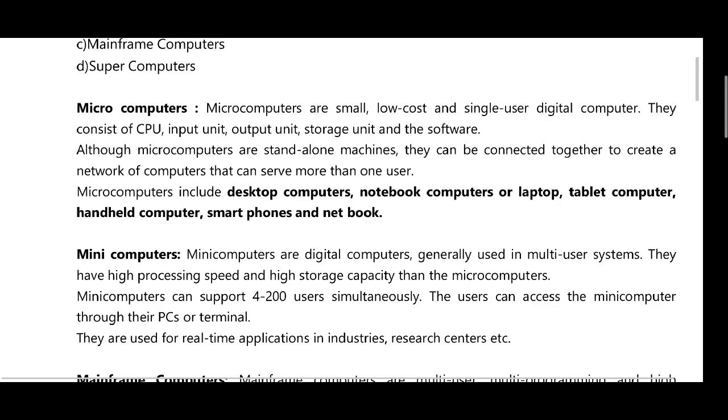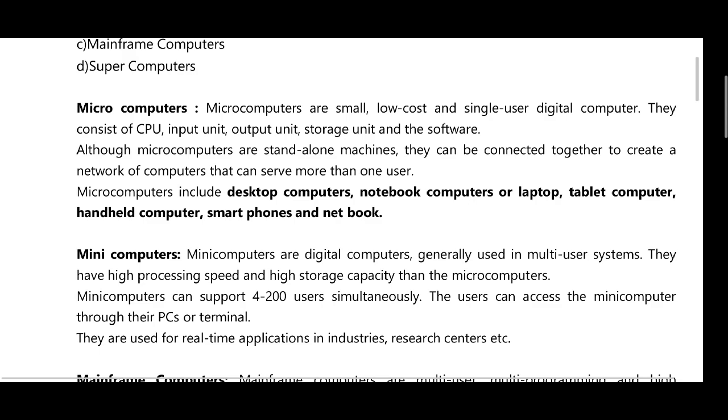Then the second one is minicomputers. They are also digital computers generally used in multi-user systems. They have higher processing speed and higher storage capacity than the microcomputers.